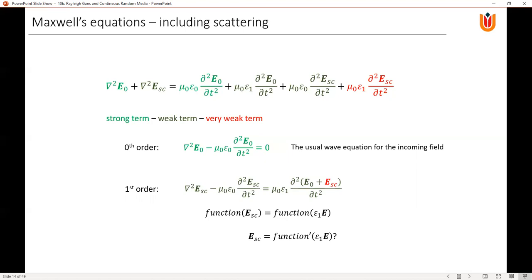We would have something that's proportional to epsilon 0 and the scattered field. So that is not a very weak term, but a weak term. On the right hand side, only the epsilon 1 terms remain. So that will be combined like this.